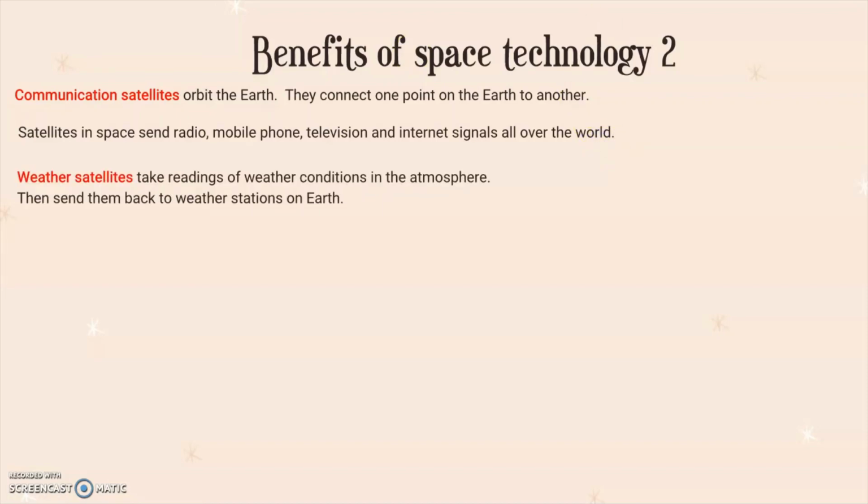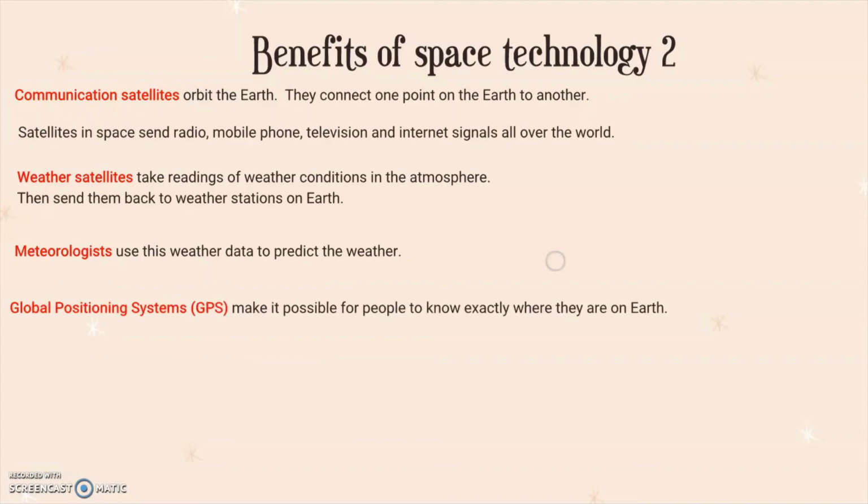Weather satellites take readings of weather conditions in the atmosphere, then send them back to weather stations on Earth. Like in Indonesia, like BMKG. And then meteorologists use this weather data to predict the weather. Meteorologists are the people who learn about the weather in the atmosphere.